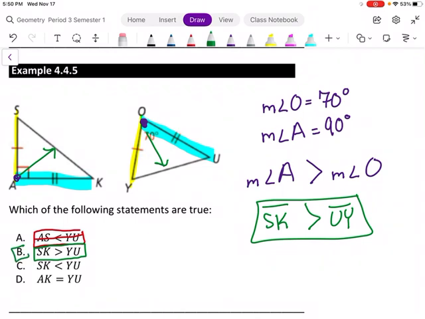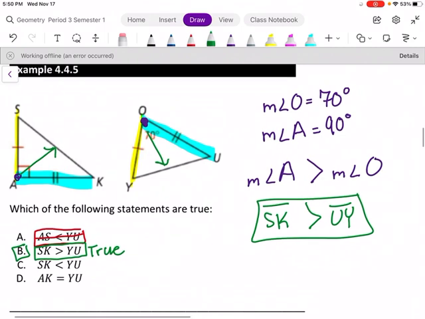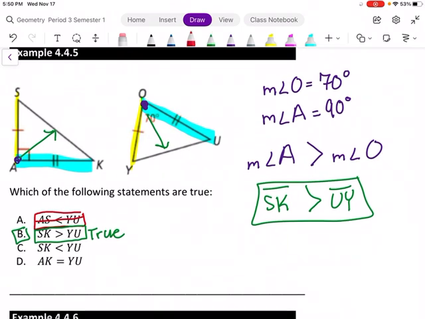So we know B is true, which is the opposite of C, so it couldn't have been C. And then they also said AK is equal to YU, which we know is not true because they did not mark them congruent in the two triangles. So we know that this one is also false. There you go.